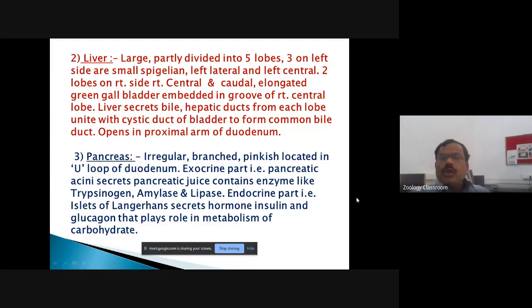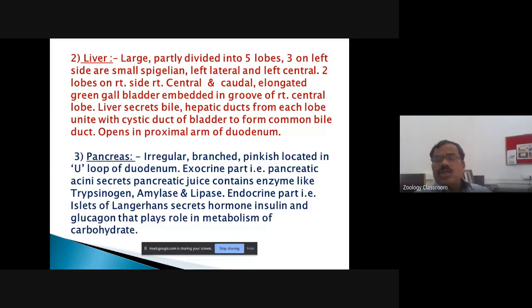Okay, so this is all about the digestive system in the case of mammals. Next time we'll pass on towards the comparative account. I will show you the chart and we will see the comparison of, for example, the buccopharyngeal cavity in fish, then in amphibia, then in reptiles, in birds, and the mammal.